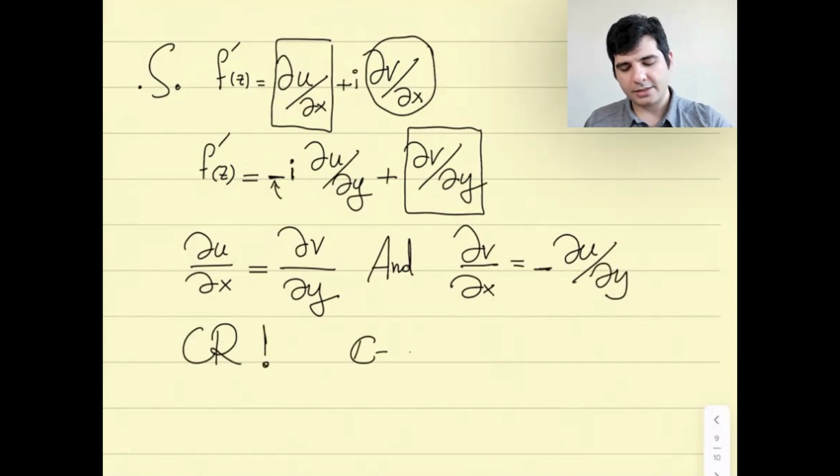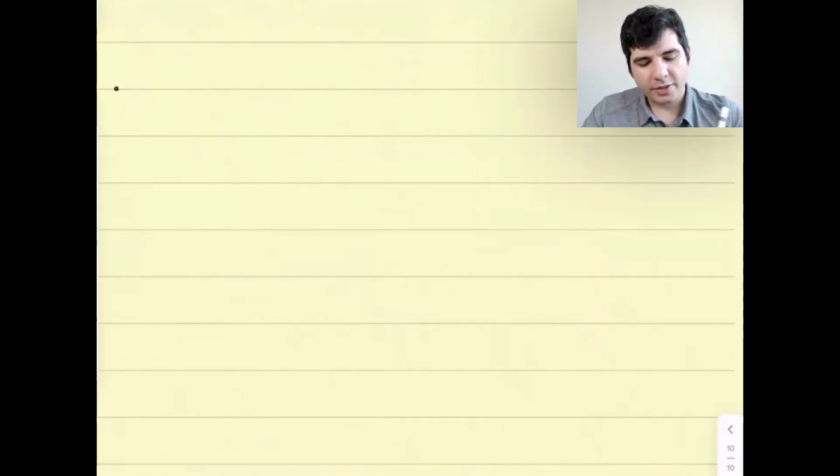So we learned that being complex differentiable implies being holomorphic. Okay, now what about the converse? Does being holomorphic imply being complex differentiable? Essentially, yes. So there are some details one should be careful about.